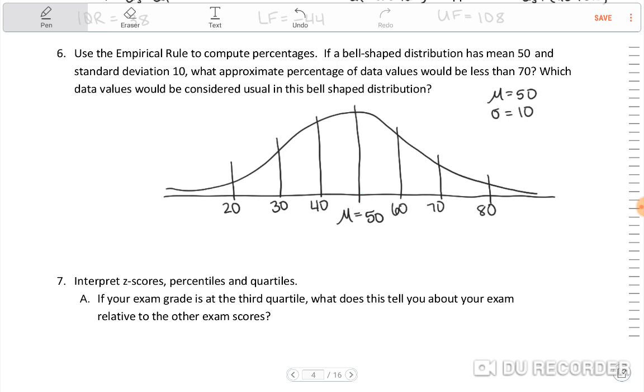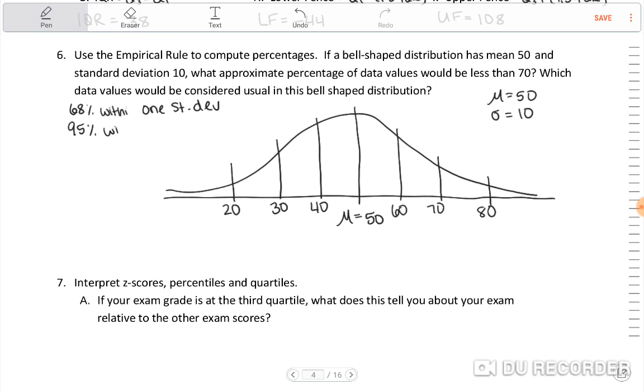Now, the empirical rule states that you've got 68% within 1 standard deviation. You have 95% within 2 standard deviations, and 99.7% within 3 standard deviations.